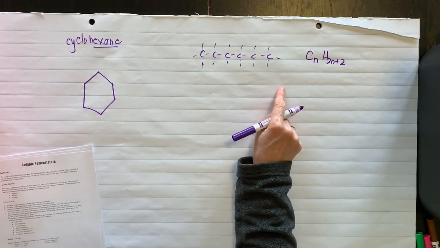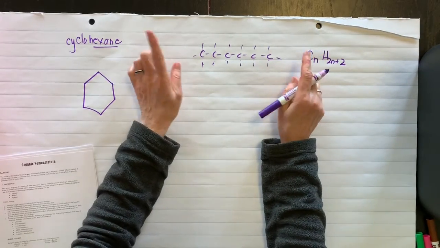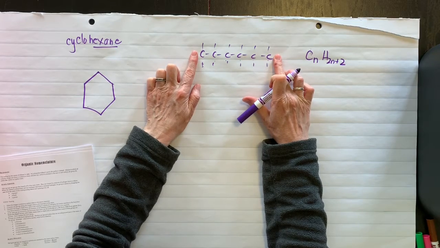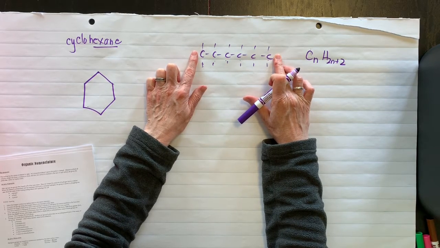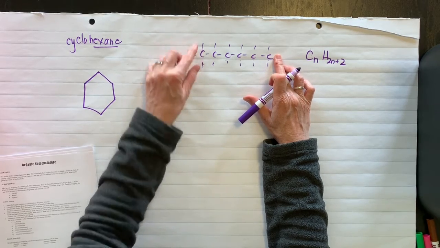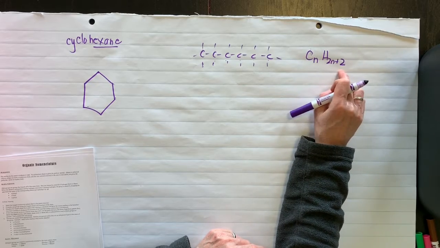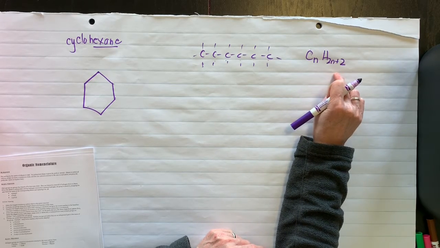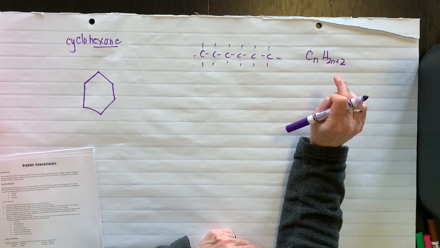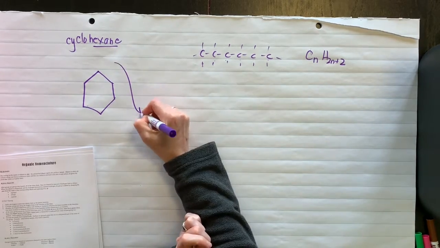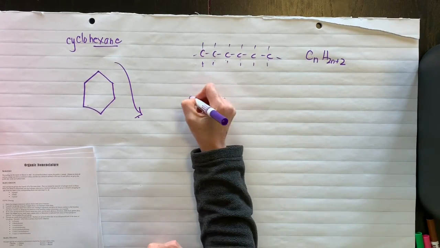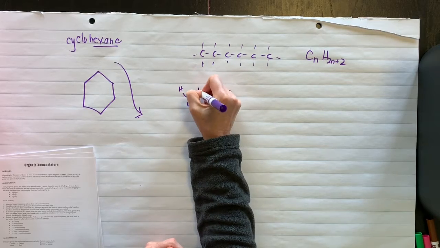I'm not big on memorizing, so I remember if it's just a straight chain alkane, every single carbon has 2, one above and one below, and so I'm taking the number of carbons, multiplying it by 2 for the hydrogens, and then adding my 2 at the end. So you can always figure that out from just a couple examples if you have to write it on a test or an exam. A cyclohexane has a different formula.